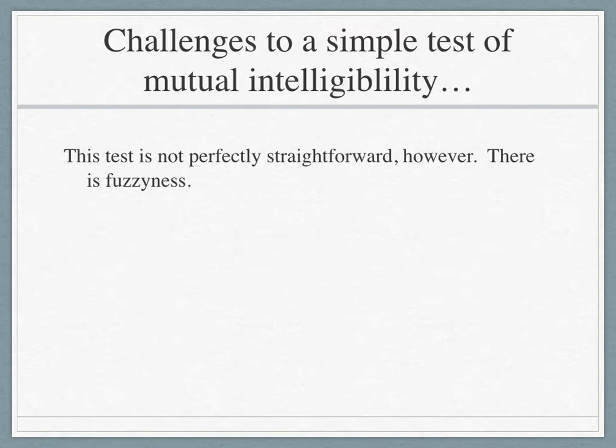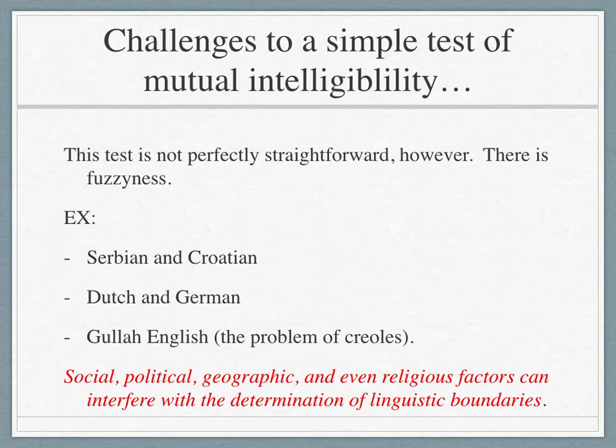And there are numerous examples where even trying to apply mutual intelligibility as a metric doesn't get us a really firm answer as to whether two things have enough in common to be the same language or if they're separate languages. And there are other factors that confound our evaluation of shared similarities.